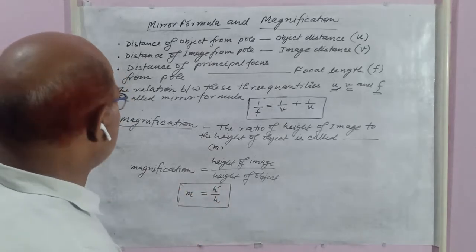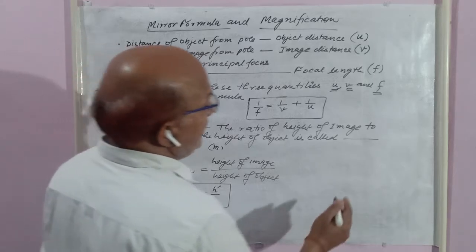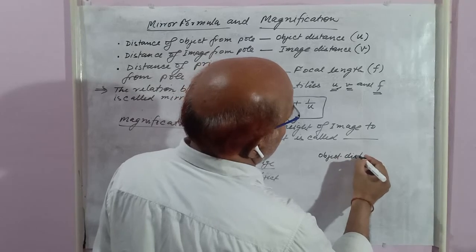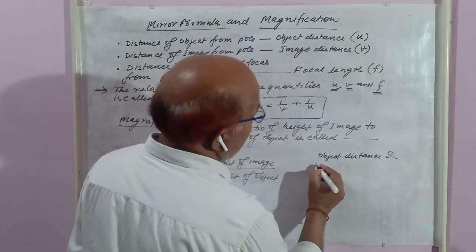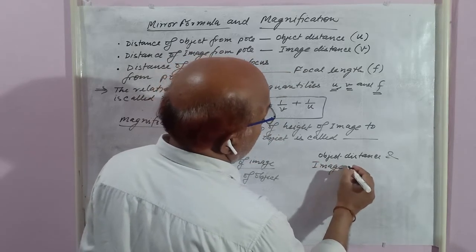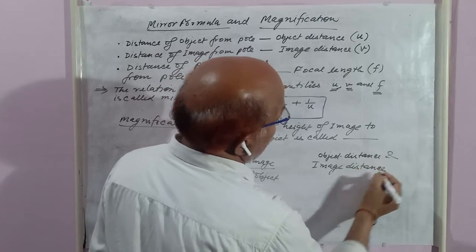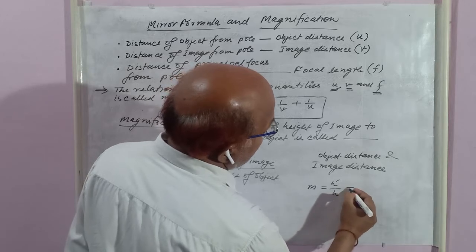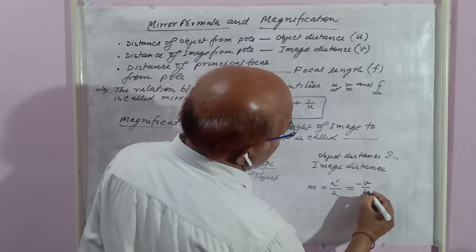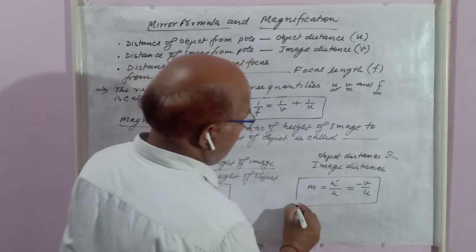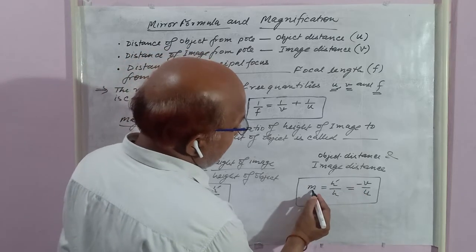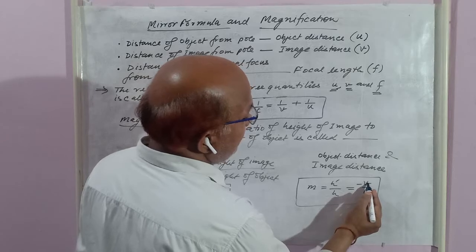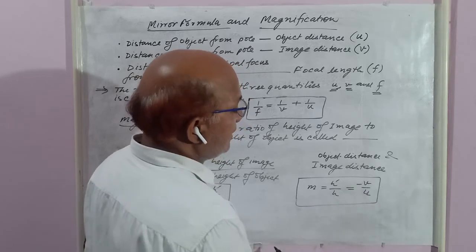We can write the magnification in terms of object distance and image distance, like M equal to H dash upon H, and this is equal to minus V upon U. So we can use this relation where M is magnification, H dash height of image, H is height of object, V means it is image distance, and U means it is object distance.